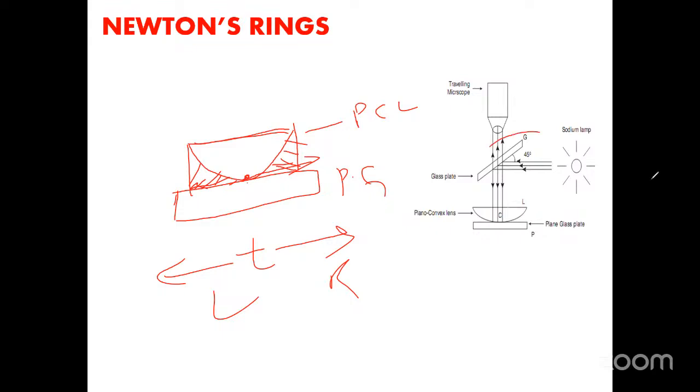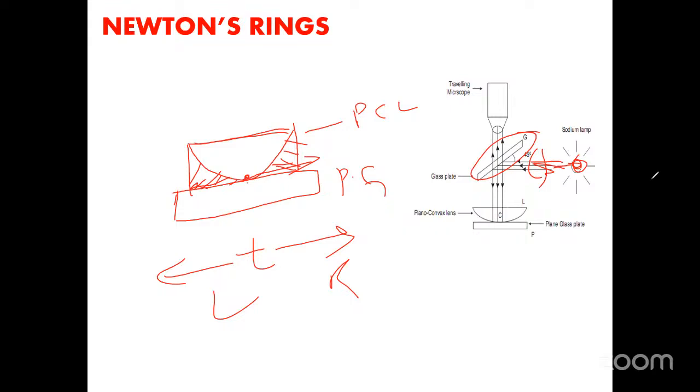Whereas, if you keep this glass plate, this is the source here. The source is sending the light rays. Here one convex lens is placed, so that you can easily parallelize all the light rays in one direction. So that it is incident upon the plain glass plate, which is at theta equals 45 degrees.